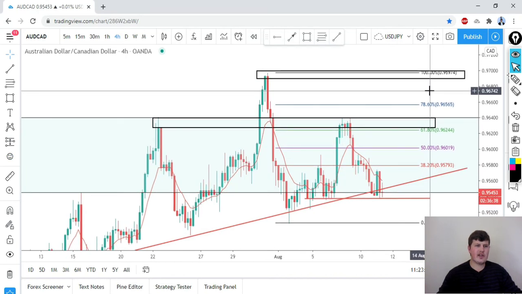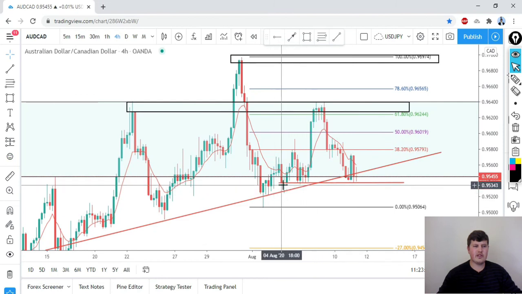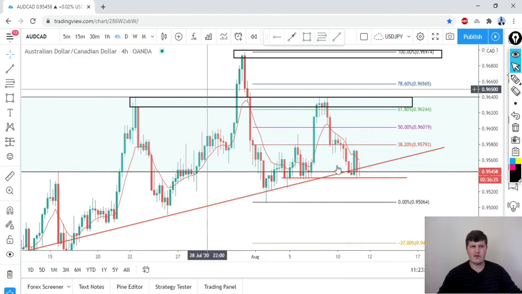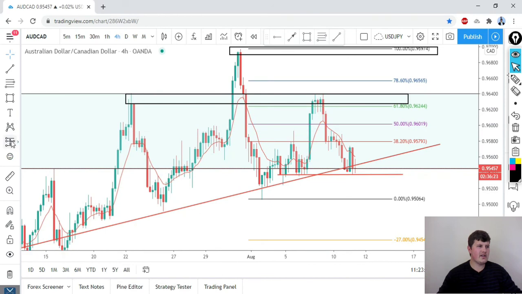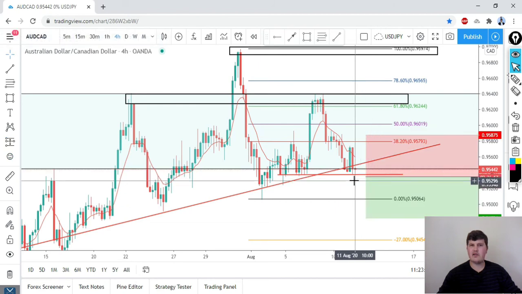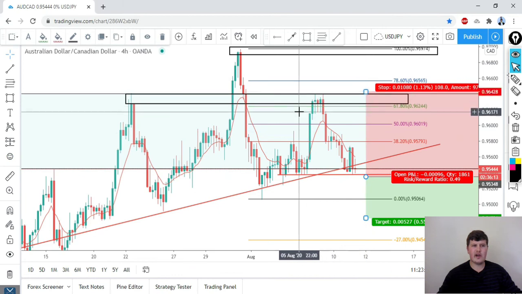So how you go about trading this head and shoulders pattern is you wait for this support area to break with a clear candlestick closure on the 4-hour or the 1-hour time frame, and you enter your short position over here just below the support area, with your stop loss above the right shoulder.